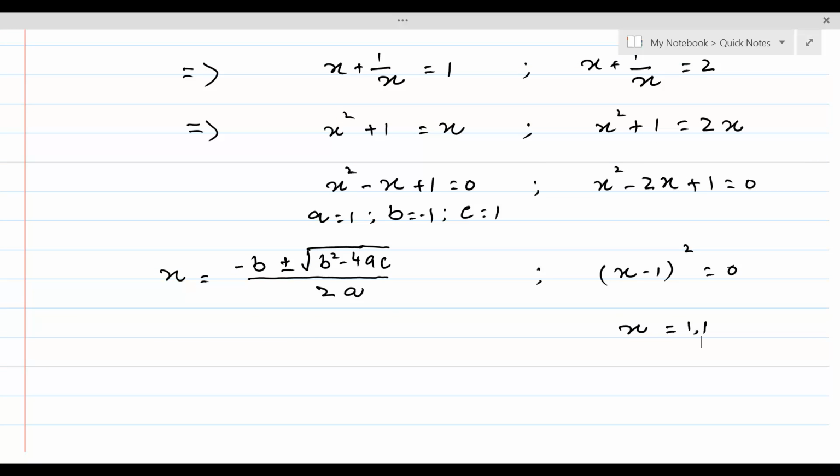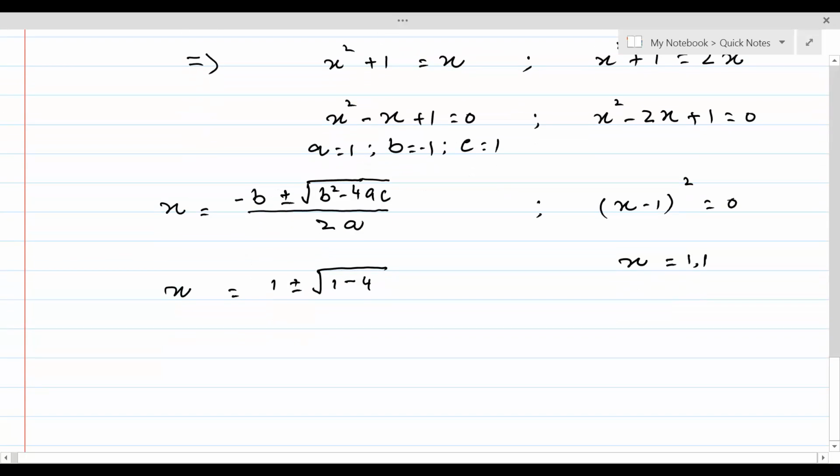And for this quadratic equation on the left hand side, let us substitute the values of a, b and c. X is equal to 1 plus minus square root of 1 square minus 4 times 1 times 1, that is equal to 1 minus 4, divided by 2.